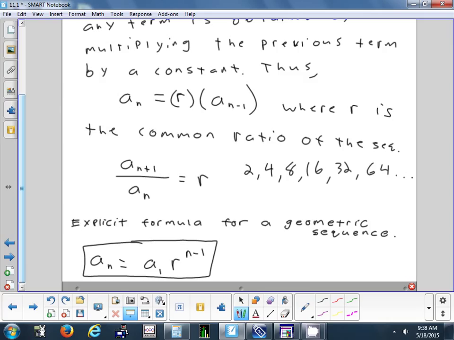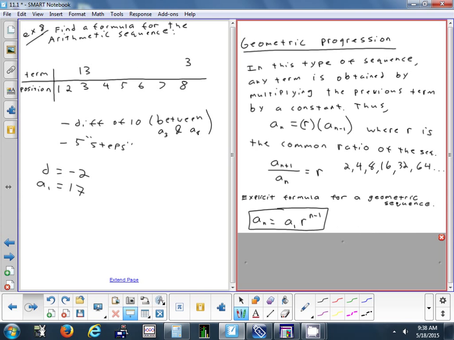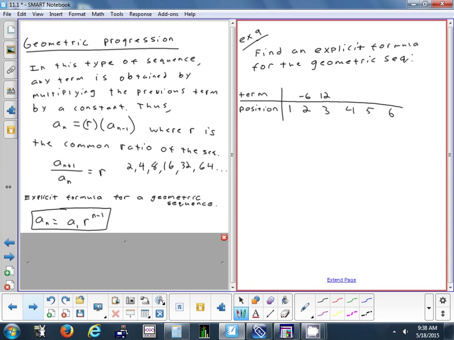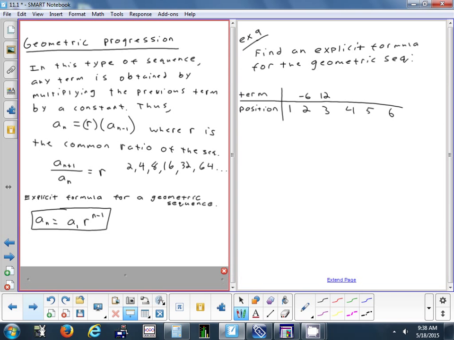And the explicit formula says to get your term, take the first term and multiply by r to the n minus 1. Let's try an example of a geometric sequence, see if we can find a formula for it.